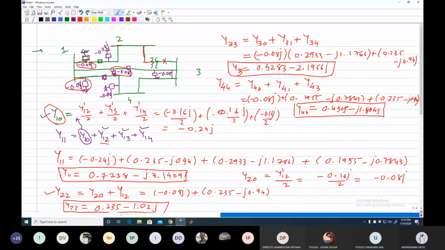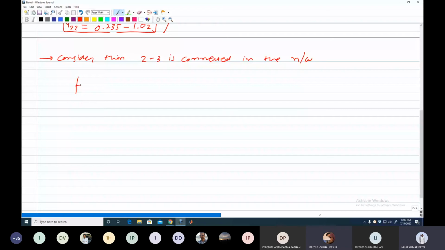What parameters are affected if we consider this transmission line in the network? First Y22, then Y33, Y23, then Y32.